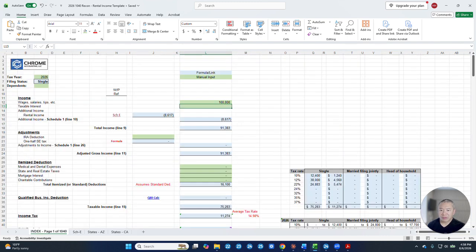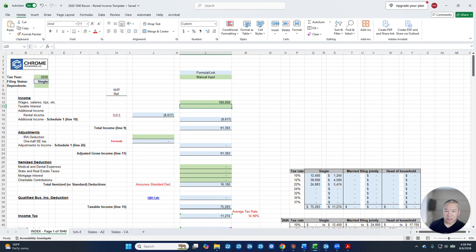And most people have an income, or not income, but W-2. And in this scenario, they made $100,000. Since they make $100,000 or less, they can take these rental losses. There's a rule that if you actively participate, which is different than materially participate in your rental, and you make 100 grand or less, you can deduct those rental losses.